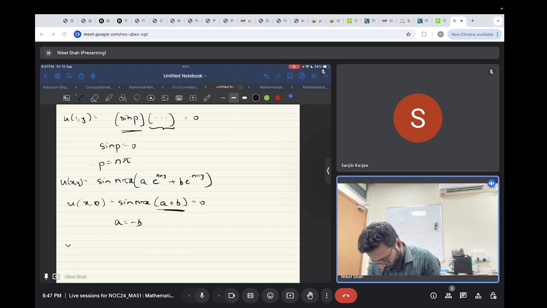So therefore, u of x comma y is equal to the sum of sine n pi x times a e raised to the power n pi y. Wait, am I doing this correctly or not?